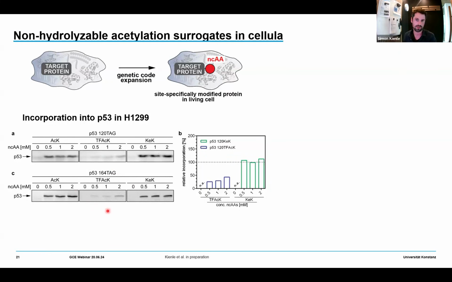But we always see less incorporation with trifluoroacetyllysine when we compare to other acetylated variants. So this is often seen with trifluoroacetyllysine. Thank you.